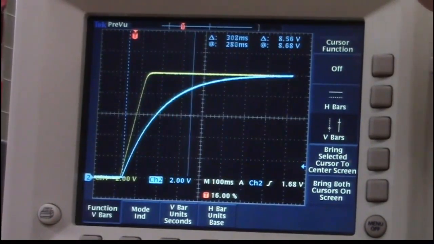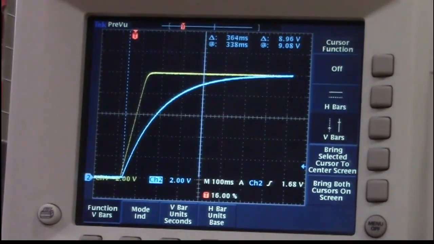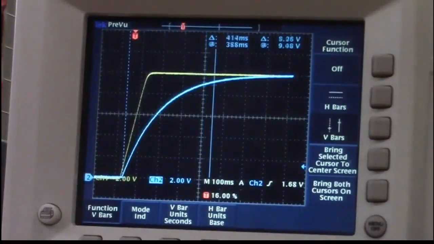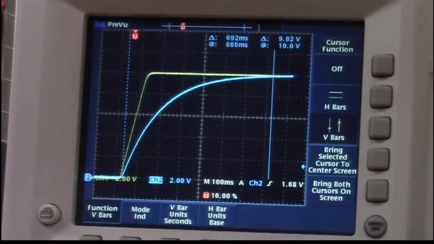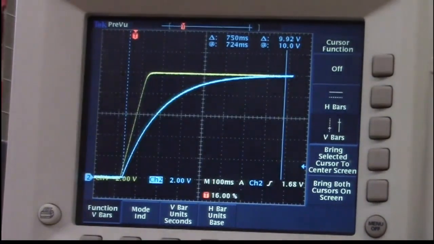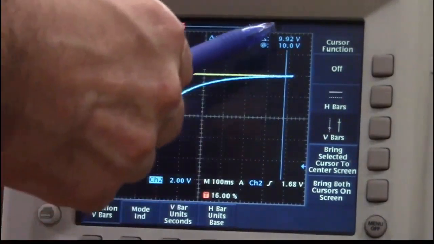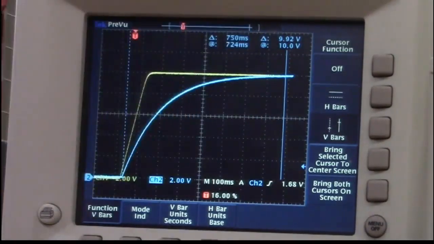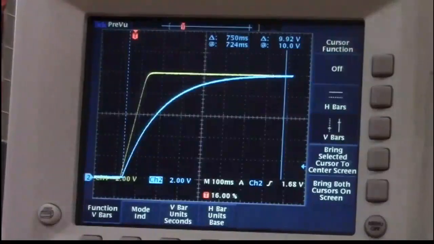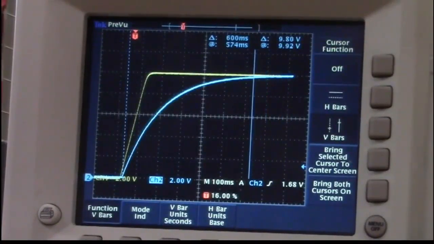After 5 time constants, which is 750 milliseconds, we would be almost right at our final value. There's 750. We'd expect to be about 99% of the way, and you can see that after 750 milliseconds, we're at 9.92 volts. We can also check 3 time constants. That would be 450 milliseconds.